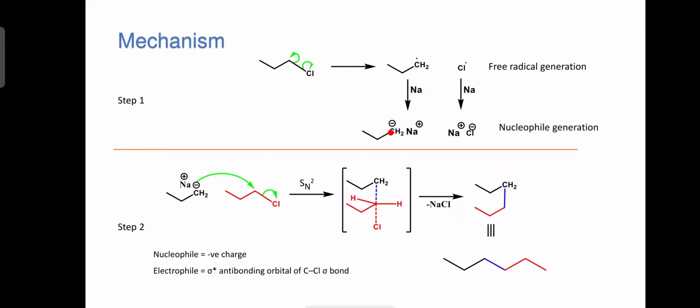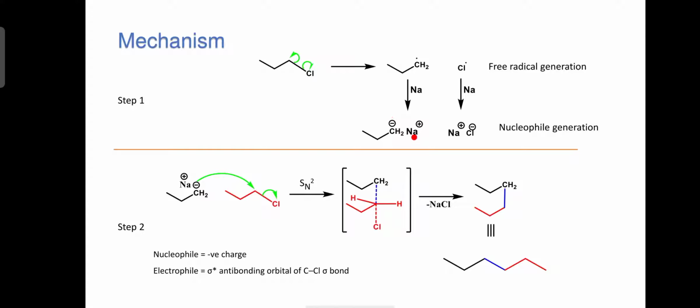Whenever a negative charge is present on any species, it means 2 electrons: 1 electron of the same species and another coming from the other species. Here sodium loses its electron, so a positive charge appears on the sodium atom. The presence of this sodium is only to balance the negative charge of this CH2.